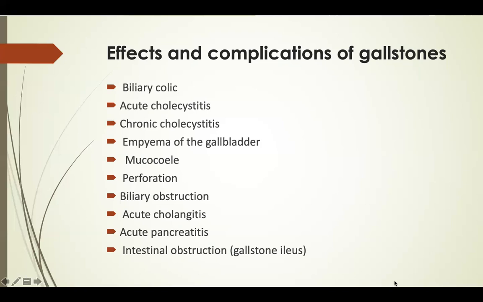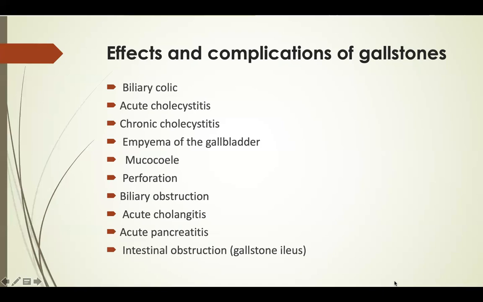I mean to say that when there is a blockage of the CBD, contents coming from the liver cannot come down, so there will be stasis of the bile in the biliary channels, and that condition may give rise to infection, because whenever there is stasis, there are chances of infection, so it will lead to acute cholangitis.